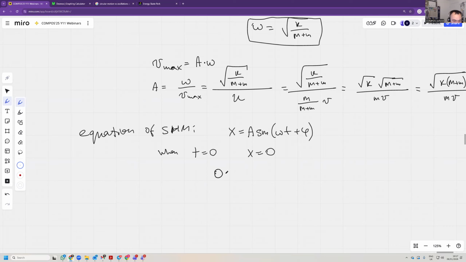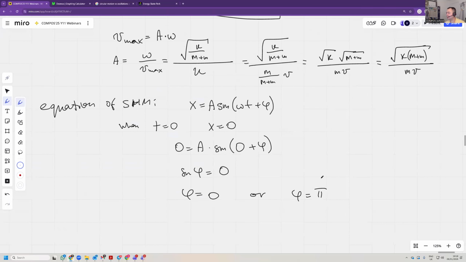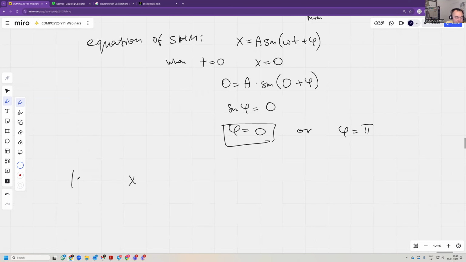That means 0 equals amplitude multiplied by sine of 0 plus phi. That means sine phi is 0. So phi is 0, or phi equals pi. Phi equals pi means it starts from the 0 position but going backwards. But we know that we're going forwards, so we just choose phi equals 0.